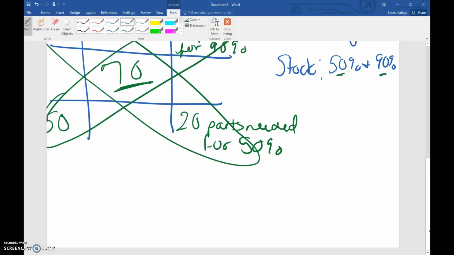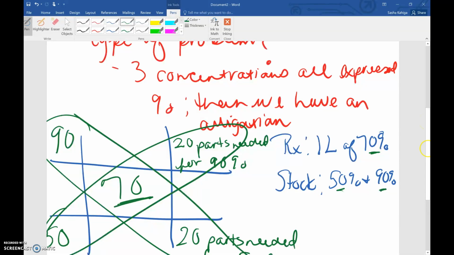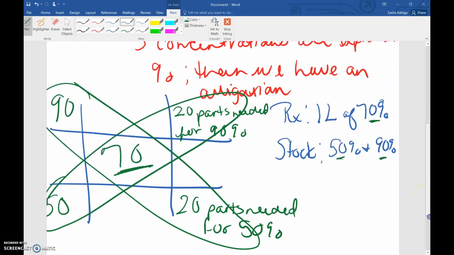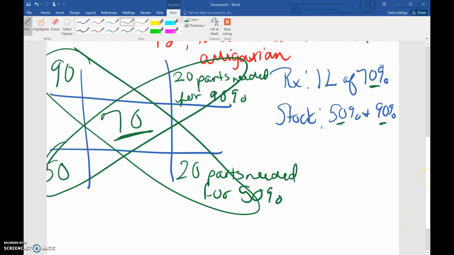So I'm not finished with this problem, because the parts needed just tells me the parts of the 50 and 90%. That doesn't tell me in detail the weight or the volume for that 90%. It just says 20 parts of 90%. That could be 10 milliliters, 100 milliliters, you don't know, but you can solve that. So the next step is you look at the quantity given.